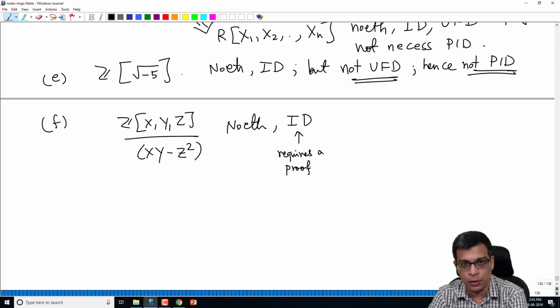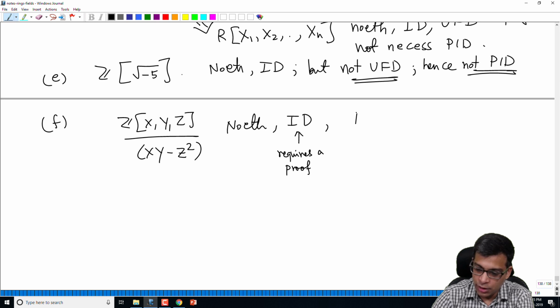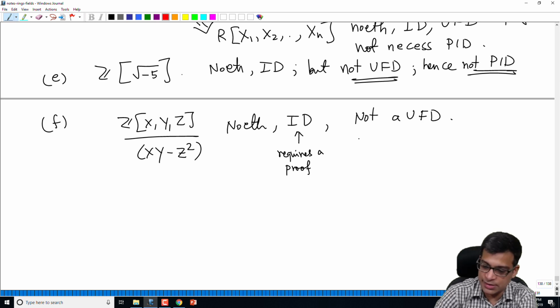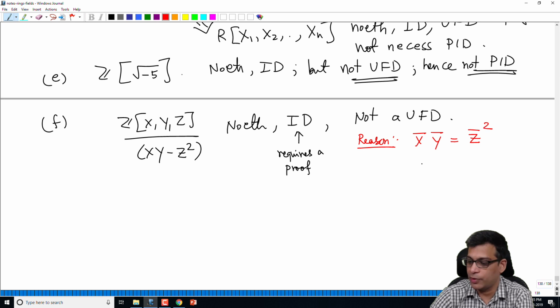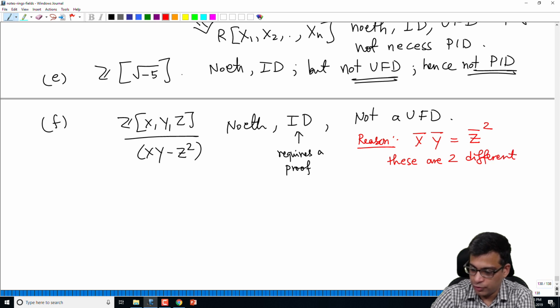This is an irreducible polynomial, that one has to show. You cannot write this as a product of 2 polynomials, so it's irreducible, so it's an integral domain. It's not a UFD, and the reason is x bar y bar is equal to z bar squared. So these are 2 different factorizations.